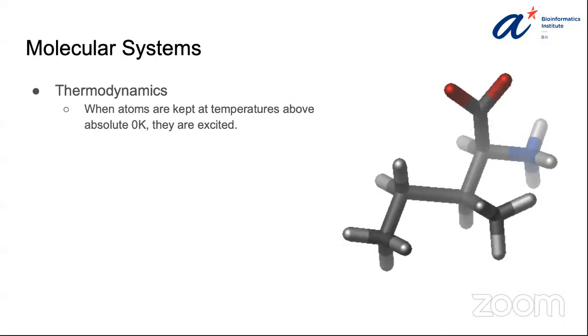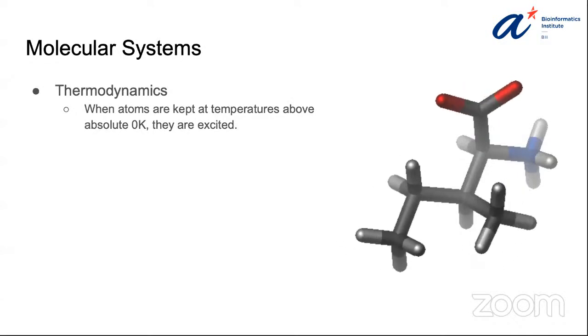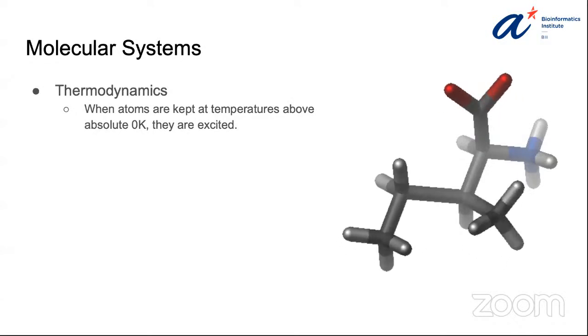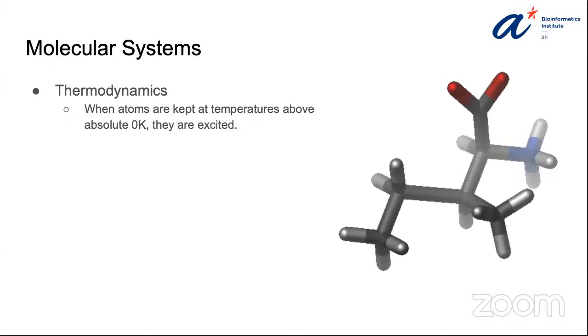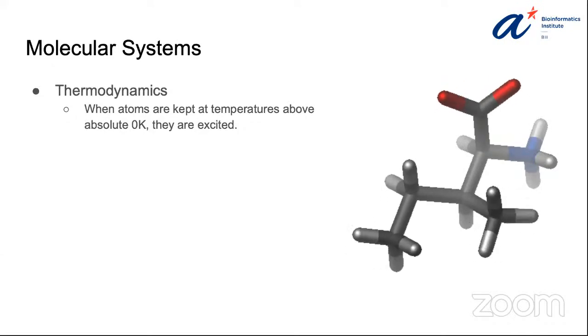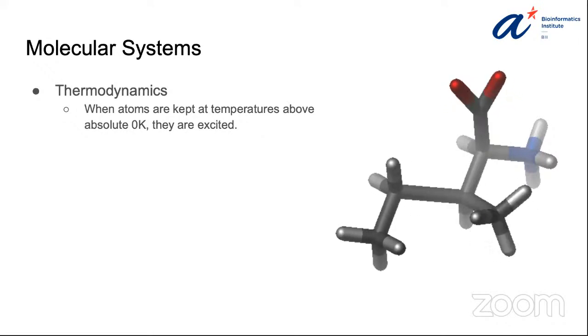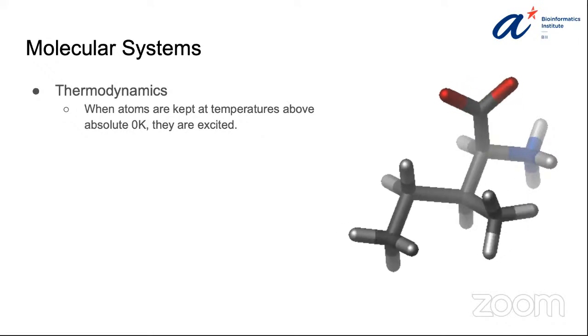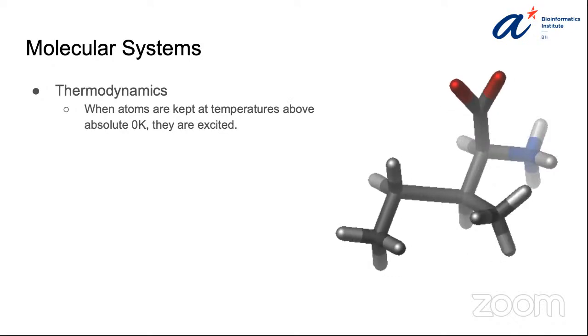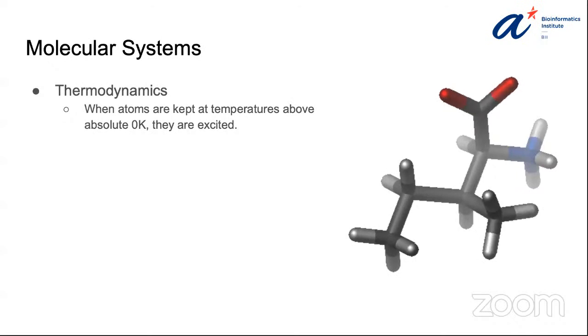So temperature is not a quantity in itself. We have instruments that measure in degrees C, or in Kelvin, or in degrees F. But in reality, temperature is just a measure of the kinetic energy of the atoms that are making up a certain system.